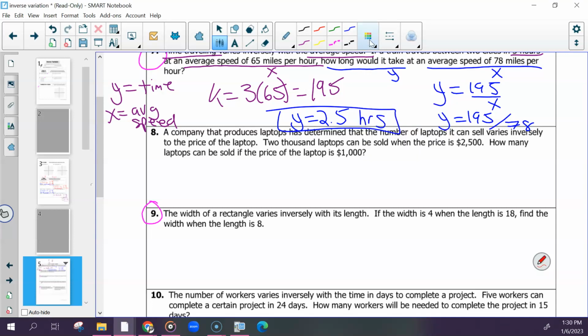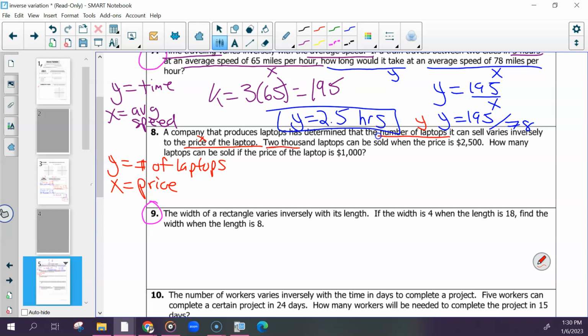So with 8, a company that produces laptops has determined the number of laptops it can sell varies inversely to the price of a laptop. So number of laptops is your Y, price is your X. 2,000 laptops can be sold when the price is $2,500.